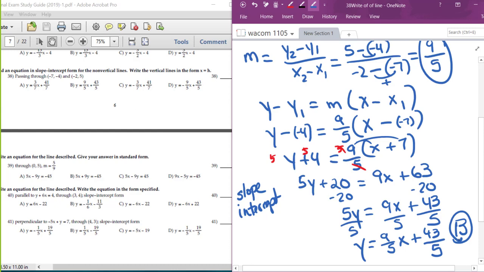Right, and that mentioned a couple of the formulas you need to know. So how to find the slope, slope intercept form, to switch over to, I'm sorry, this is point slope form. Slope intercept form is isolate the y. If it asks for standard form, like the next one, you get x and y on the same side. Constant on the other side, no fractions.